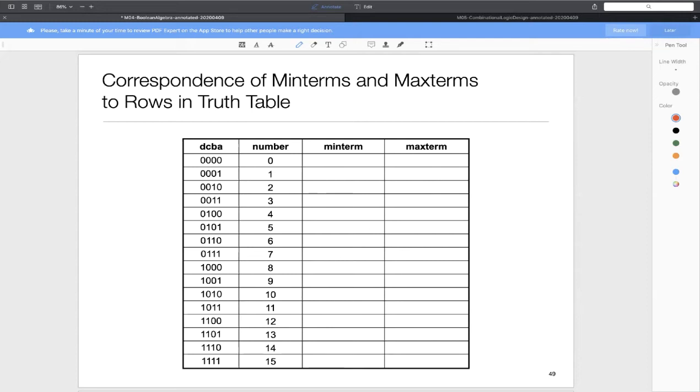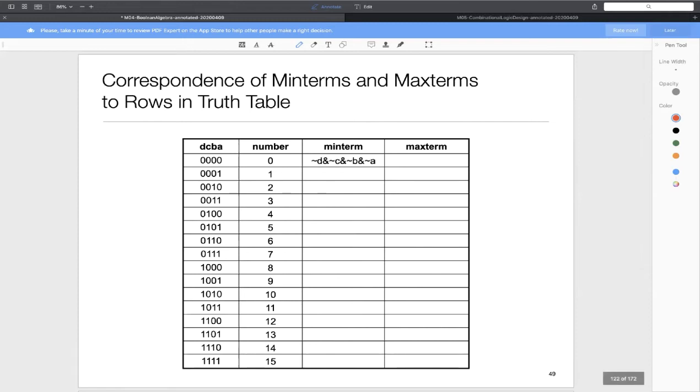Probably all of you have at least some familiarity with binary numbers. So 1010 is a binary number whose numeric value is 10.